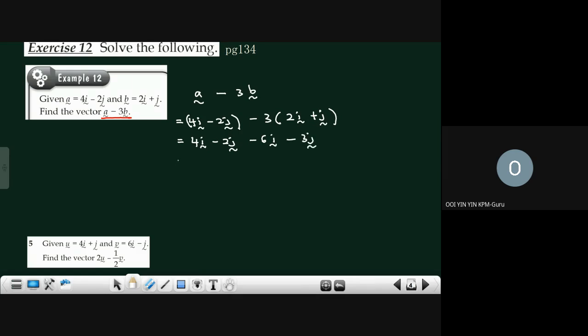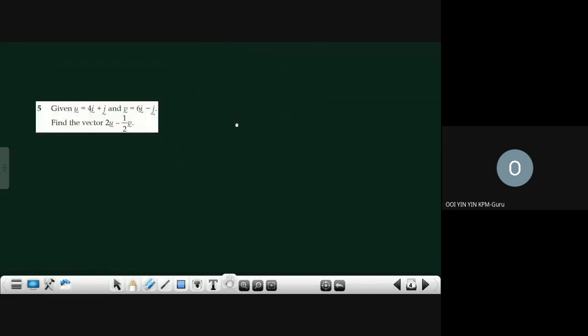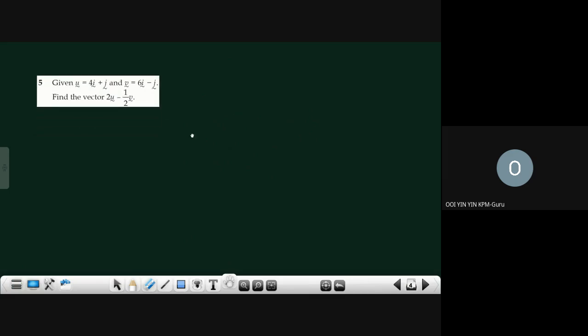Then you find the same vector terms, i with i, and add or subtract them. 4i minus 6i becomes minus 2i, and minus 2j minus 3j becomes minus 5j. So this is your answer. That's all. Easy, right? That's what I told you. Easy, understand first.